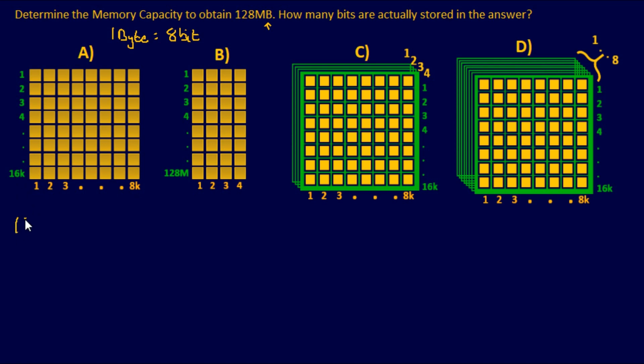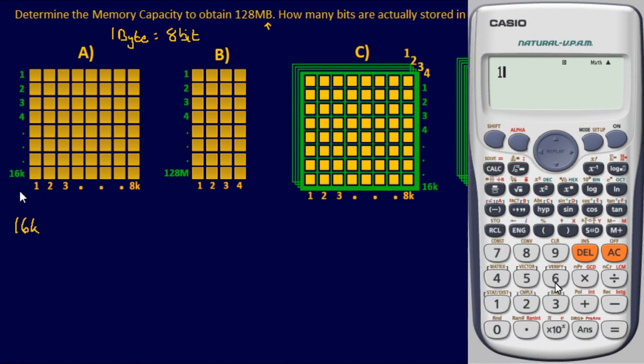So we'll look at this first one. We have 16K for rows, and then 8K for columns. Well, right here, if you multiply those together, it's actually going to give you 128 meg. However, we don't have bytes, we have bits, because if you multiply those together, you're actually getting every individual cell.